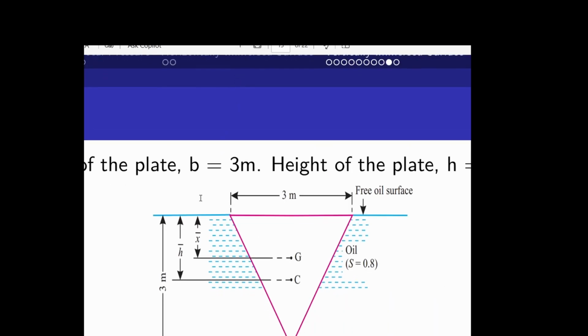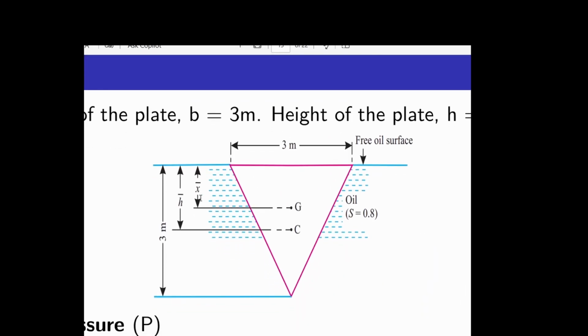Let me zoom it a bit. So we have this triangle immersed in this liquid, but the only difference is that this part of the figure is touching the surface of the liquid. And in the question they are saying that this is an isosceles triangle.